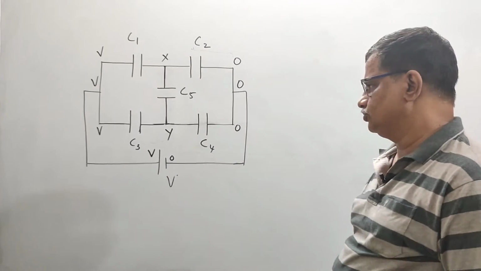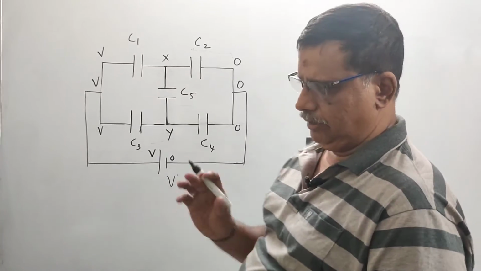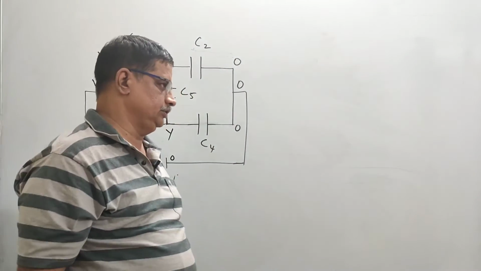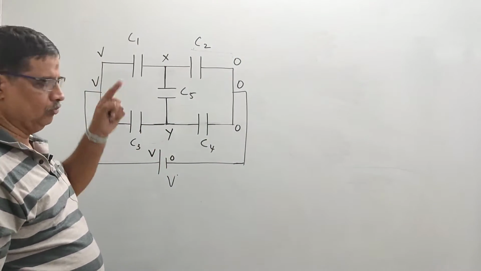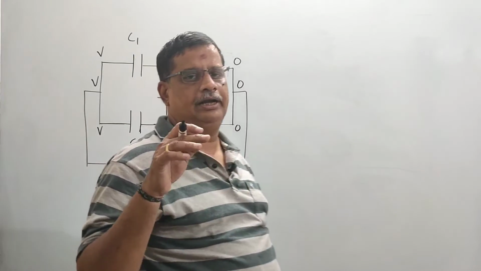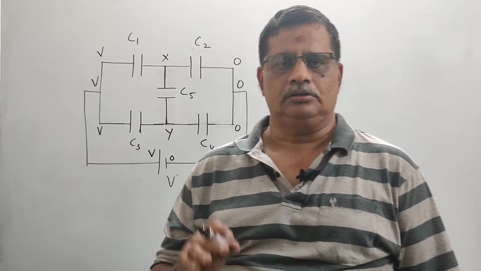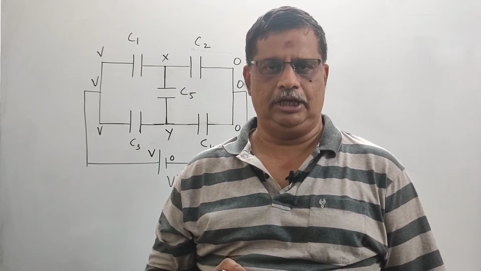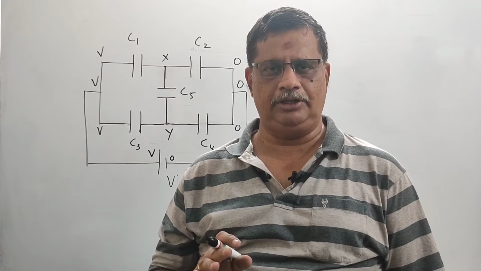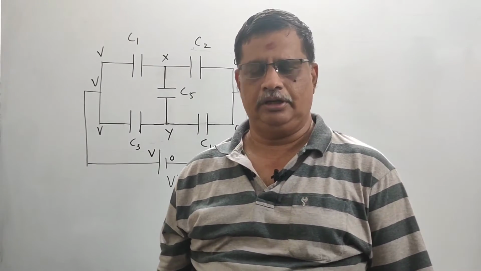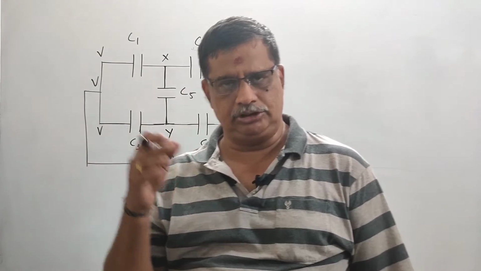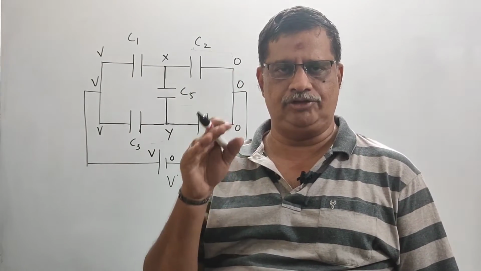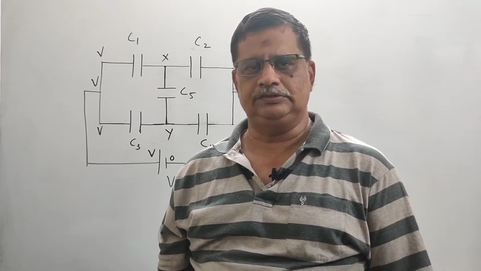So before applying Kirchhoff's rule, we will mark the charges on each capacitor, and for that we will follow a simple rule: if charges are entering a capacitor plate, that is considered a positive plate, and if the charges are leaving from a plate, that is considered the negative plate.